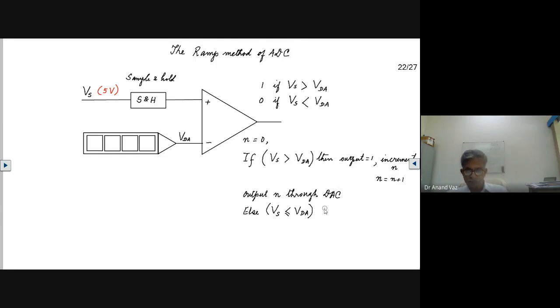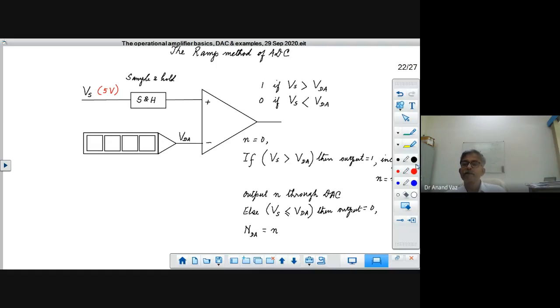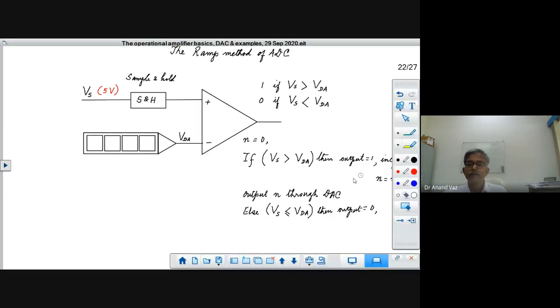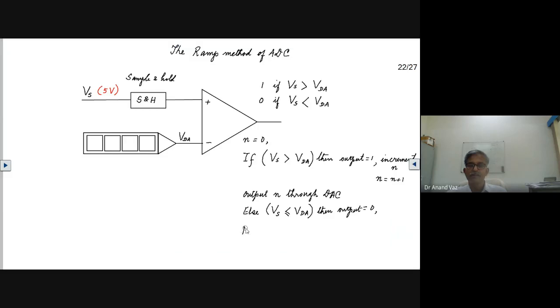In this case, the output should be 0, and the value the DAC reveals will be N. This is your required analog to digital conversion value, that is, N_ADC.